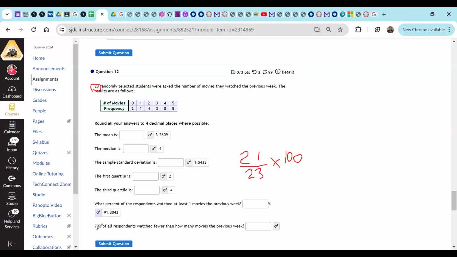We know the percentile is 79%. So 79 means about, you can say, think of it as close to 80%. And how many respondents would be there that watched about 79% of the movies?